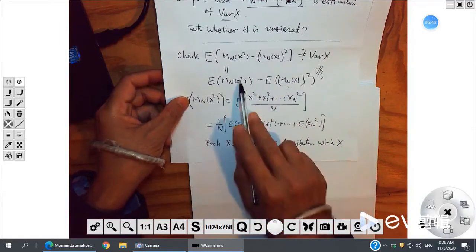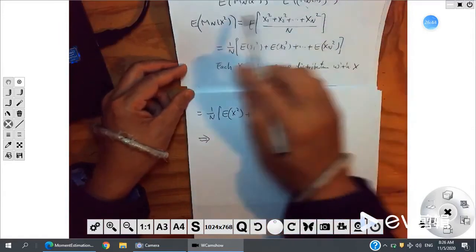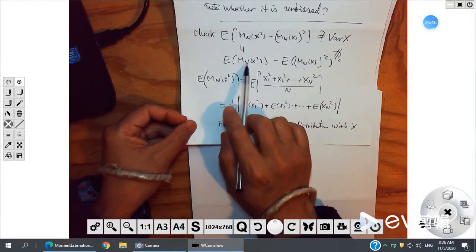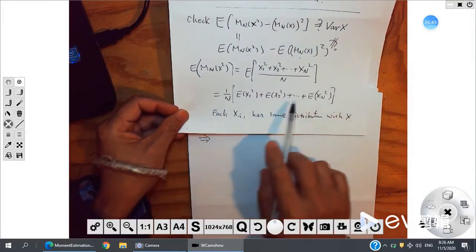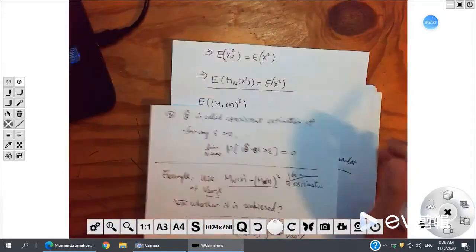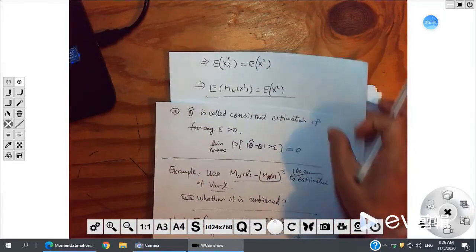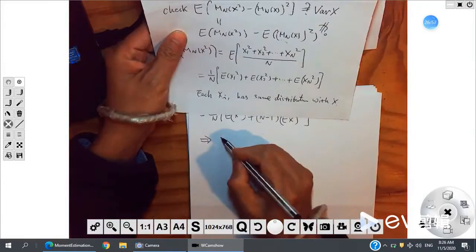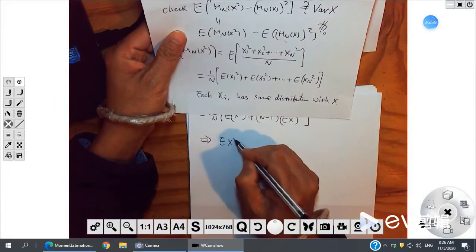Now I plug in. The first one, E of the mean of x squared, is just E of x squared.